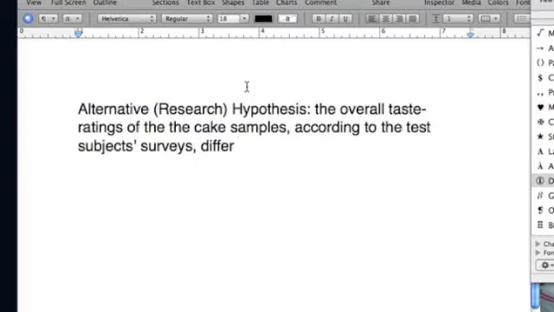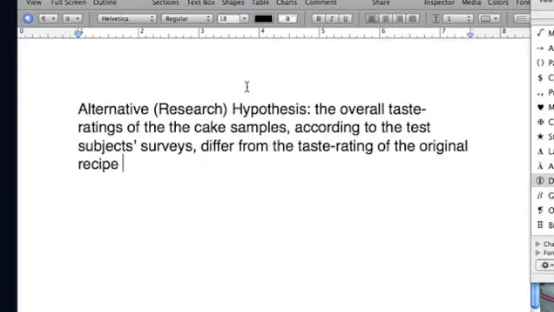We hope that some of them are higher ratings and some of them are lower ratings. So right now we're just going to say differ from the taste rating of the original recipe. So that's pretty good, but I'm also going to add due to the ingredient substitutions. So that is a pretty awesome alternative hypothesis.